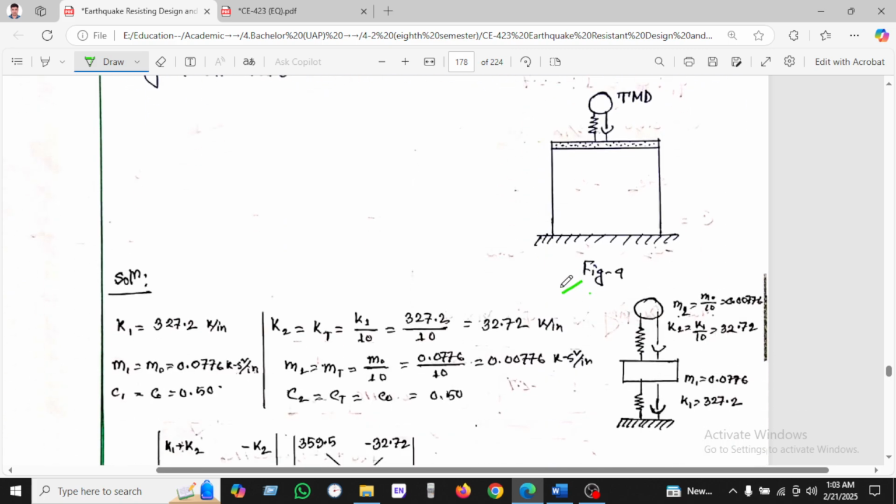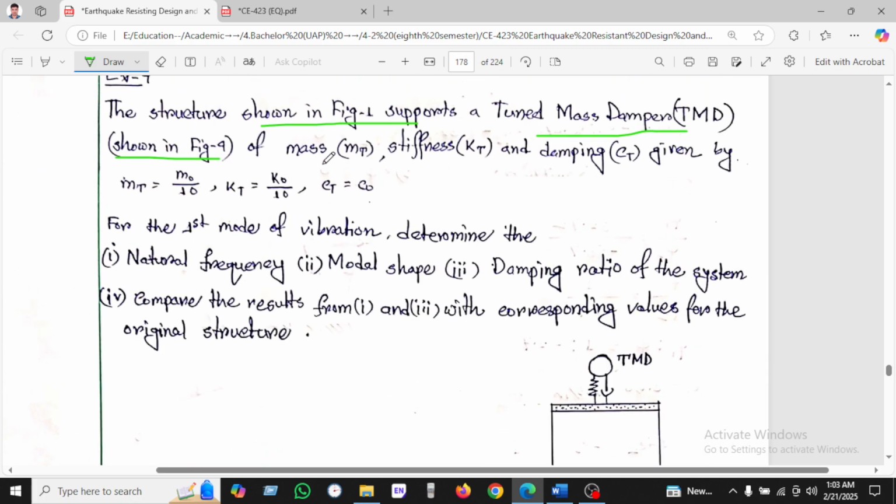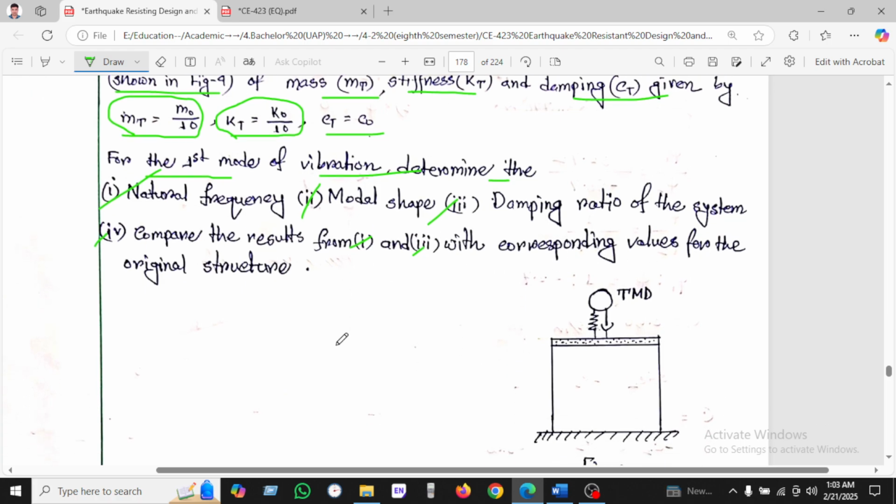This is figure 4, where mass MT, stiffness KT, and damping CT are given. MT equals a tenth of M naught, KT equals K naught by 10, and CT equals CM. For the first mode of vibration, we have to determine the natural frequency, modal shape, and damping ratio of the system, and compare the results with the original structure.